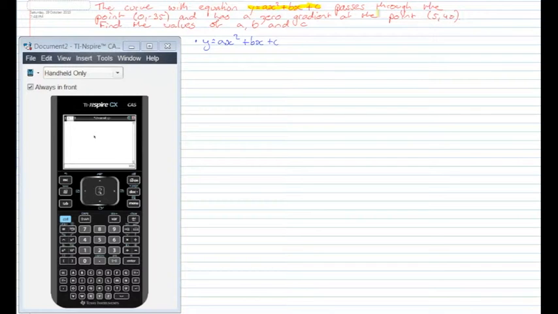It passes through the point (0, -35), so it goes through (0, -35). And it has a 0 gradient at the point (5, 40).